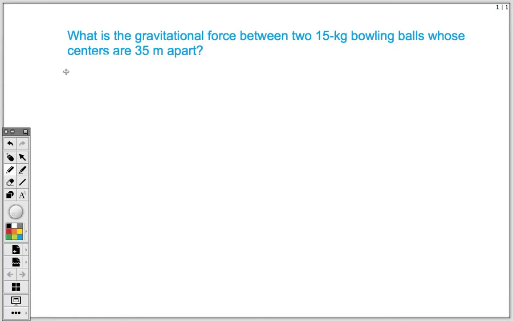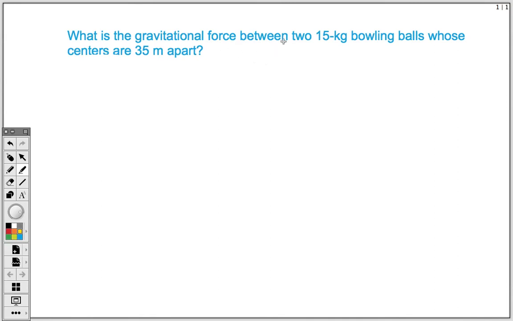So let's take a look at how we can utilize this equation. Our example here is we want to calculate the gravitational force between two 15-kilogram bowling balls whose centers are 35 meters apart. One of the things that I always like to do with my students is make sure that we get all of the information out of the problem.